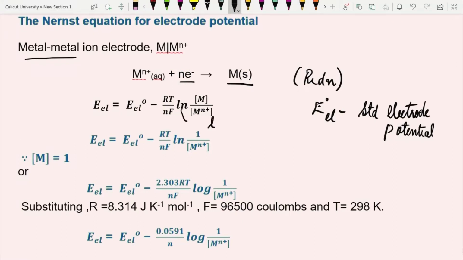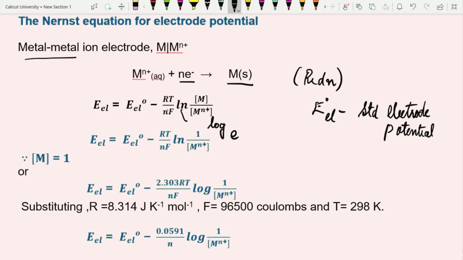Ln stands for logarithm to the base e, or you can also call it log. I am just saying it as ln, concentration of M divided by concentration of Mn+.